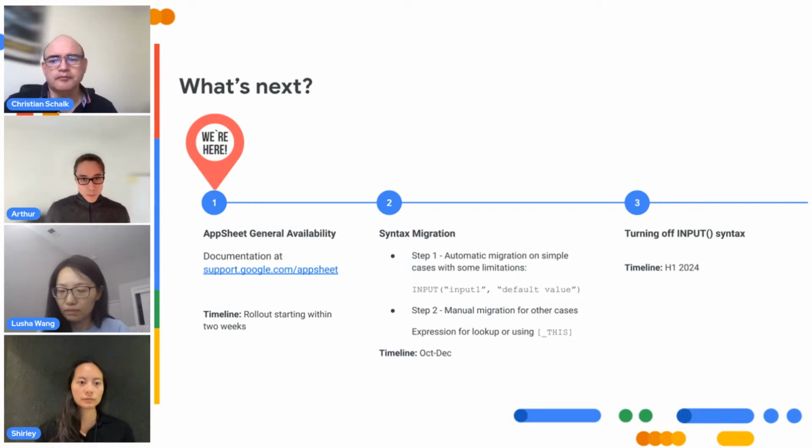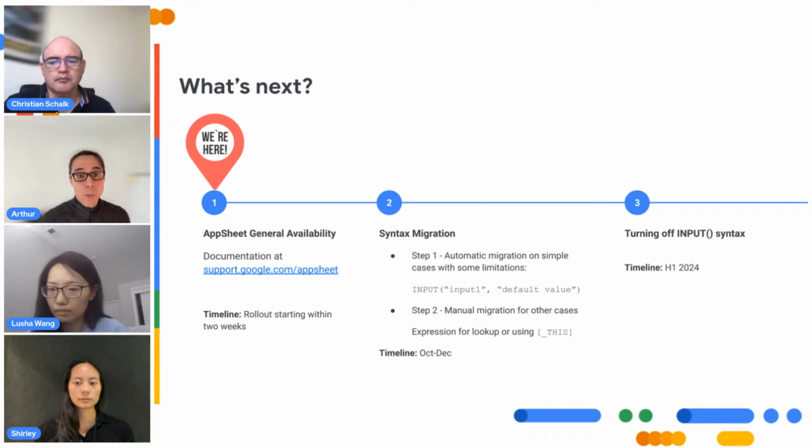So we're going to be supporting both of the syntaxes for a while, and we're going to proceed to a migration of existing apps that leverage the old syntax to the new syntax. It's going to happen in two phases. In the first phase, we're going to automatically migrate the syntax when it's simple, right?